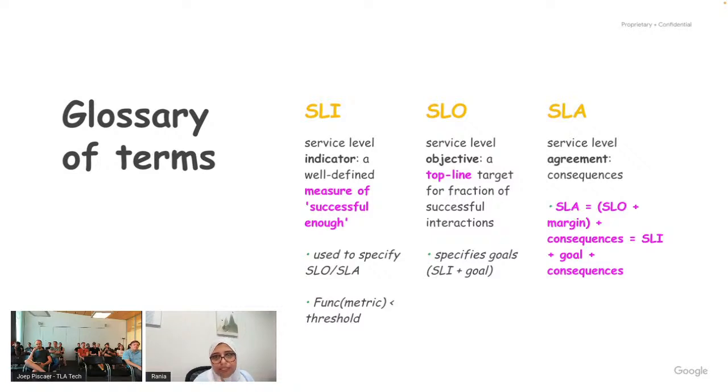And that's why you can see that the SLA is the SLO plus a specific margin plus consequences. Margin means that this is the margin I can adopt and the service can go on without a red flag, okay? But beyond this, we will have consequences, we will have impacts, we will have risks, okay? And that's why we publish the SLA and we do not publish the SLO.